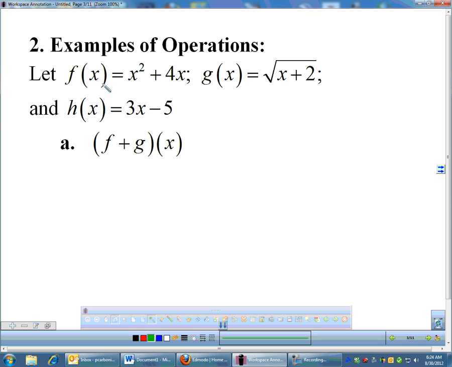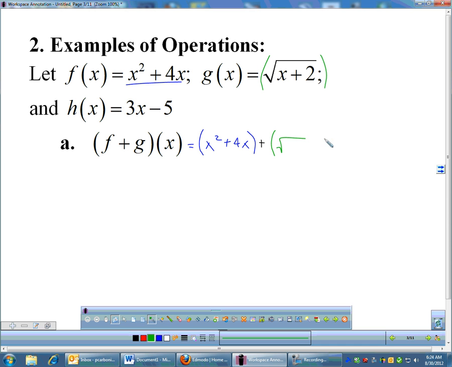Here I gave you three functions, f, g, and h, and I want you to start by doing f of x plus g of x. Real simple. We're going to start with f of x, which is x squared plus 4x, and then we will add to that. And let's go ahead and stick these in parentheses. If I'm going to do f plus g, put them in parentheses because sometimes it's going to make a difference in how this works out.